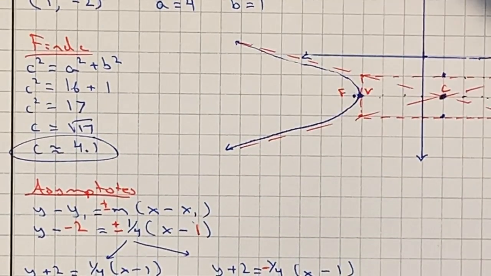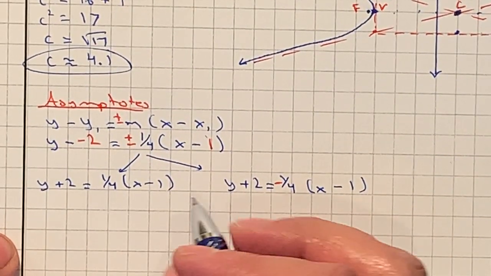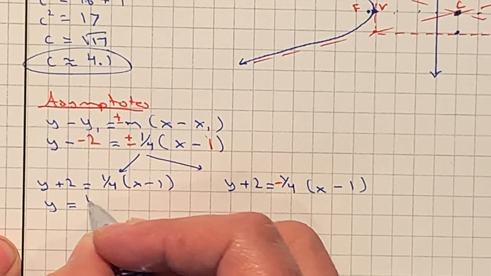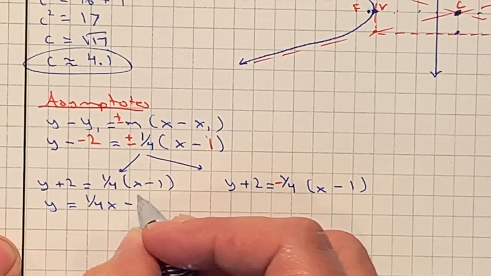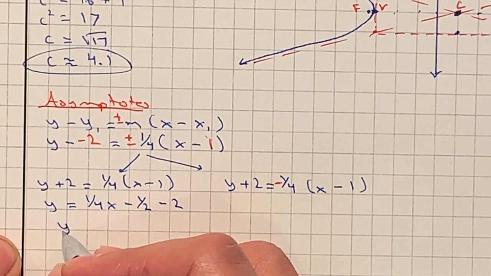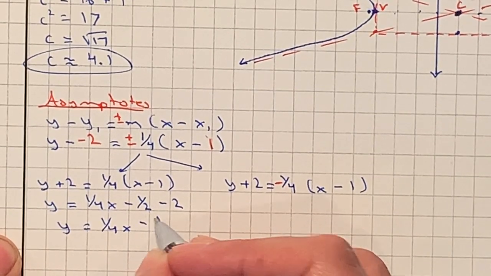So from there, you want to make sure that you solve for y. Y equals 1/4 x minus 1/4 minus 2. So therefore y equals 1/4 x minus 9/4.